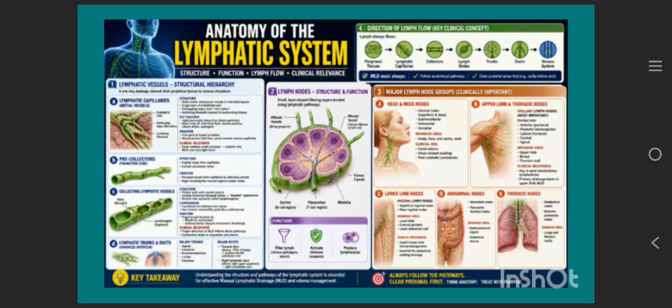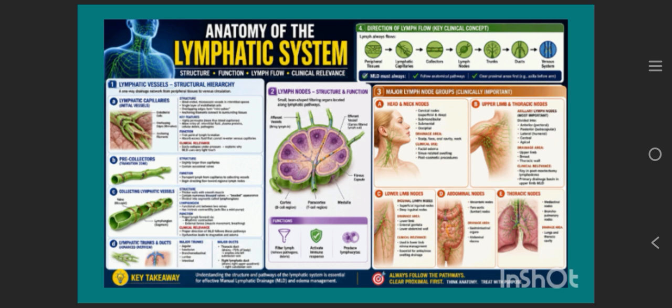Clinically, they are key in post-mastectomy lymphedema and are the primary drainage basin in upper limb MLD.